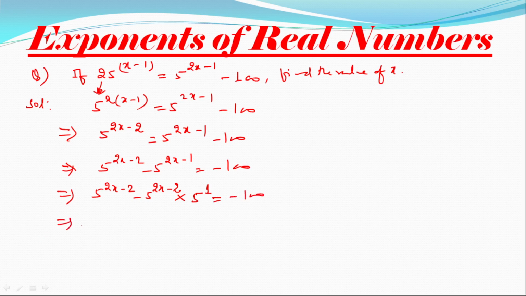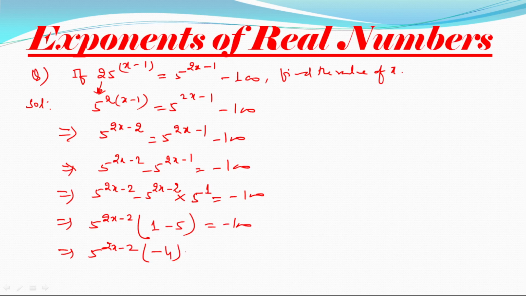Now we can take common. 5 to the power 2x minus 2 we can take common, and it will become 1 minus 5 is equal to minus 100. Then further 5 to the power 2x minus 2, and in bracket we are having minus 4 is equal to minus 100.